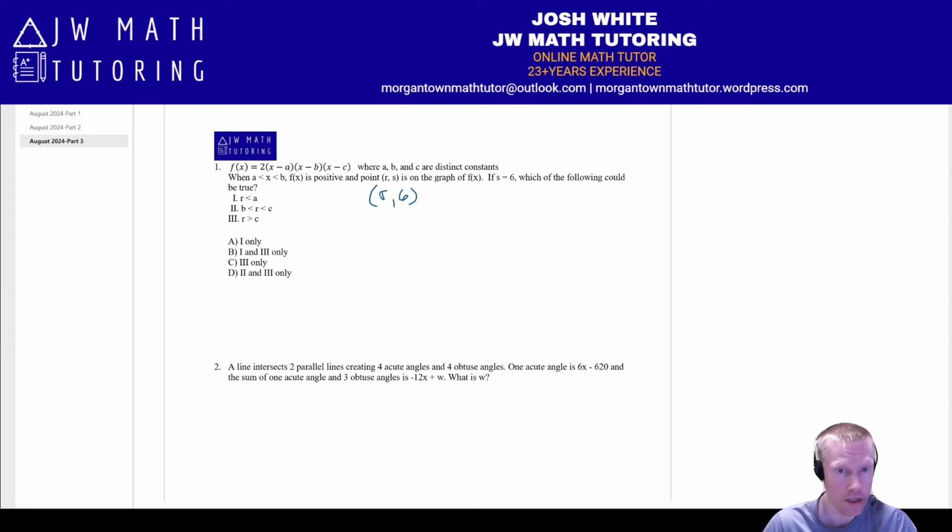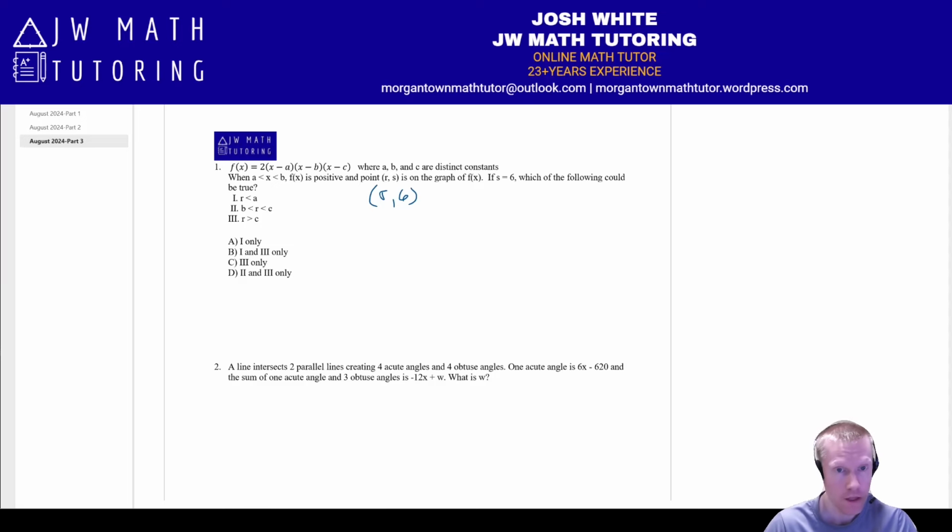So there are multiple ways that you could think about this and figure it out. There's a theoretical way, and there's a way using the graph. I'm going to do it by first picking numerical values for a, b, and c, because I think it's easier to work with that instead of a bunch of letters floating around: a, b, c, r, s.